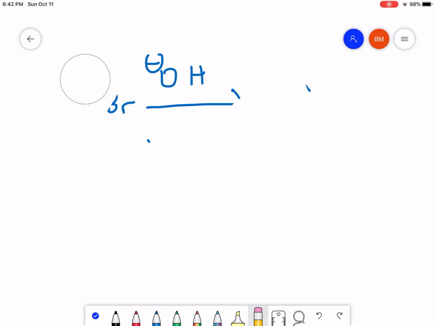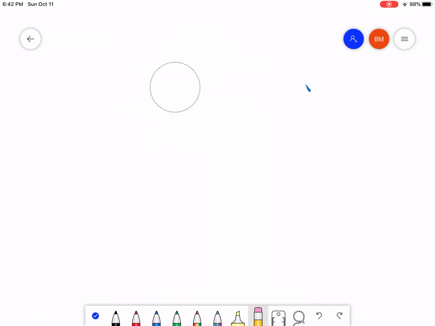Now, I mentioned the bottom of the arrow. Just like we said, the top of the arrow is reserved for reactants. The bottom of the arrow is reserved for basically anything that's not a reactant. So, other stuff, if you're looking for a really technical term.